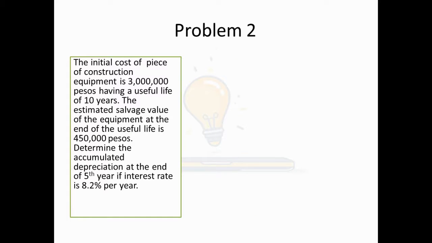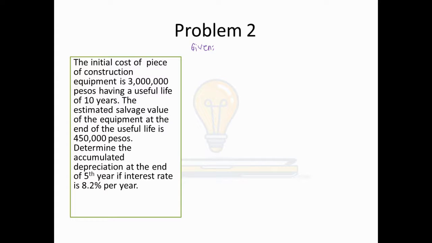Okay, so problem number 2. The initial cost of a piece of construction equipment is 3 million pesos, having a useful life of 10 years. The estimated salvage value of the equipment at the end of the useful life is 450,000 pesos. Determine the accumulated depreciation at the end of 5th year if the interest rate is 8.2% per year.